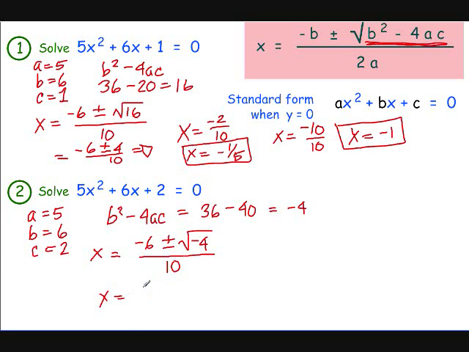Ordinarily we do, but one of the things you're learning right now is how to cope with a negative under the radical. So I factored out the negative 1, which is the same as, the square root of negative 1 is the same as i, and then this would be a 4 all over 10.